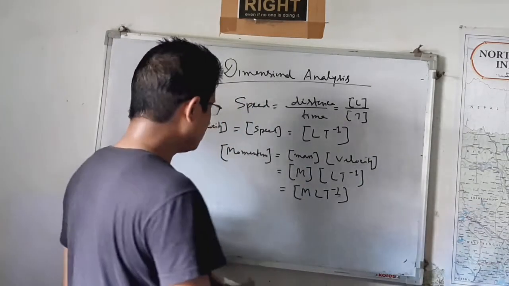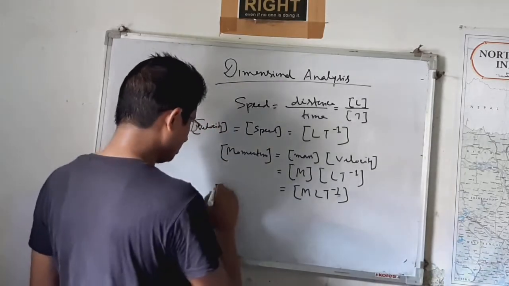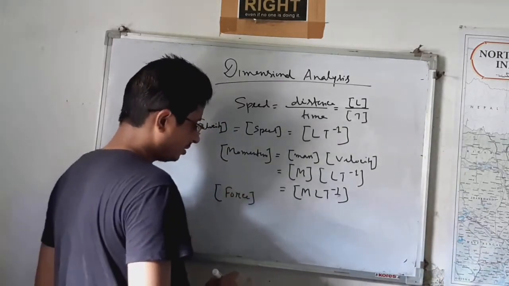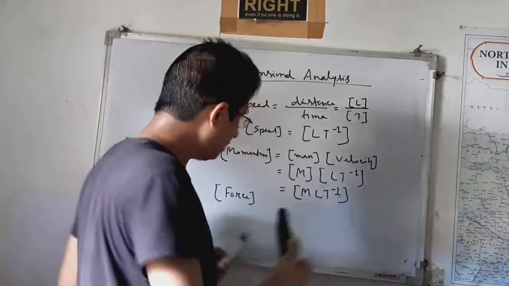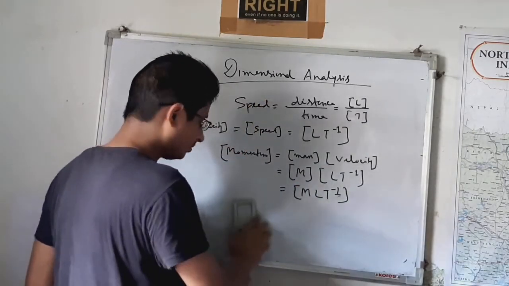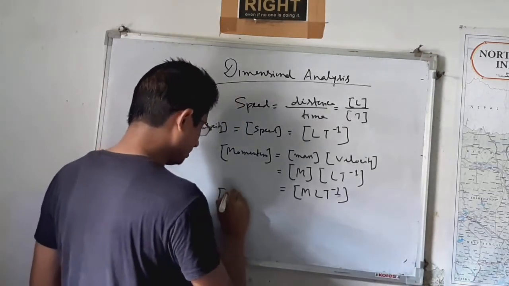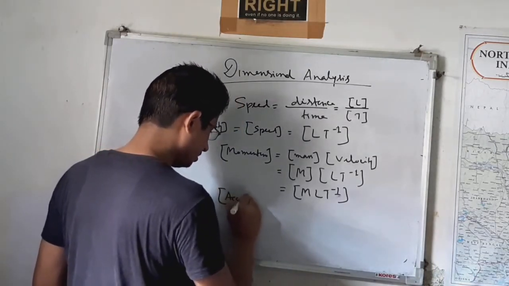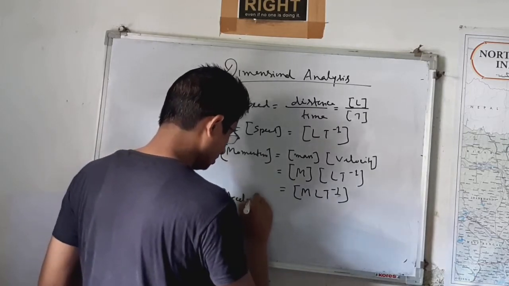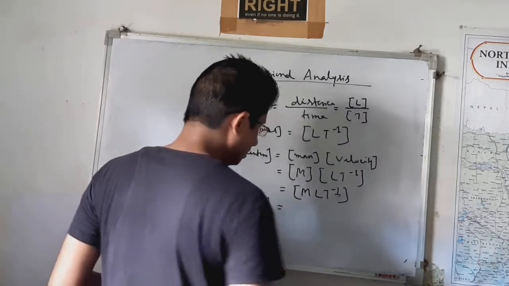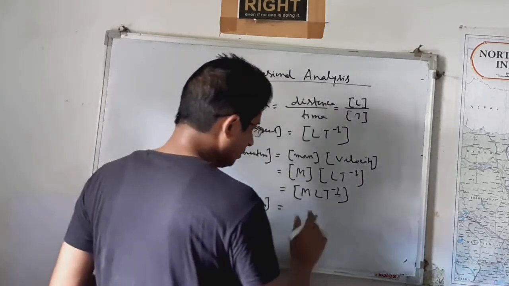Suppose I want to calculate the dimension of force. Before going to the dimension of force, we need to derive another dimension known as acceleration. Acceleration is nothing but the rate of change of velocity.